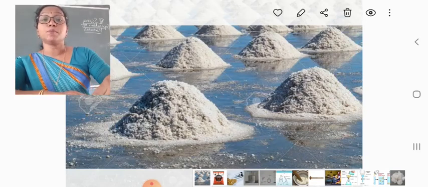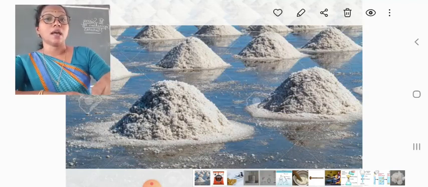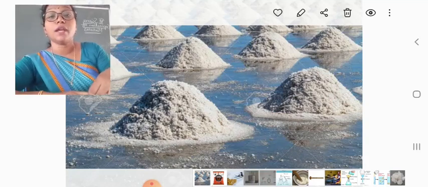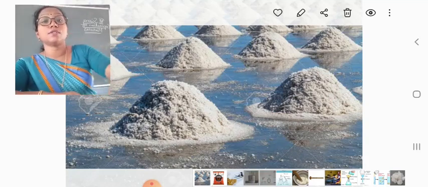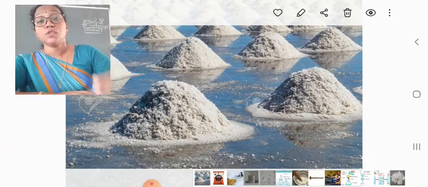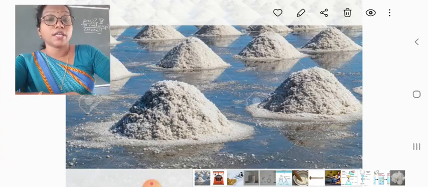This salt is purified. It is packed and added with a substance called sodium iodate. Sometimes it is powdered also. This salt is known as iodized salt.